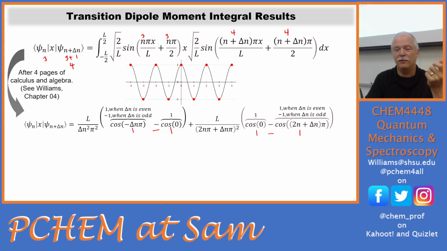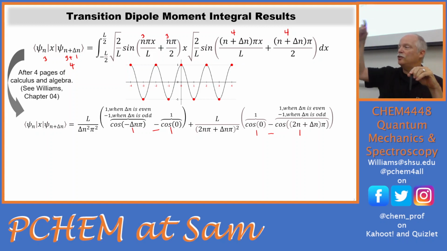It'd be really kind of odd, it'd be strange if one of these terms was 0 and the other was 1 and then swapped the other way. But, I mean, that could happen too. But in this case, when delta n is even, then this whole term goes to 0. And so we're saying that the intensity is 0 for all even jumps. So 1 to 2 is a delta n of 1. That's odd. But 1 to 3 is changing 2 energy levels.